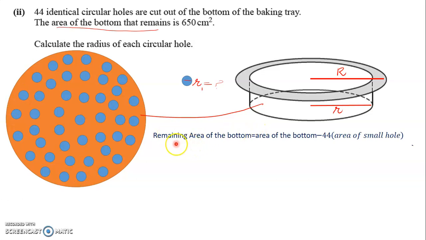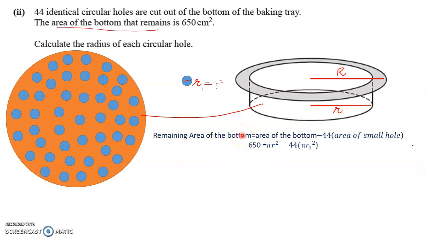How we have got this equation: we have taken out 44 small holes from the bottom of the tray. That is why we have to subtract 44 times area of small hole from the area of the bottom of the tray.